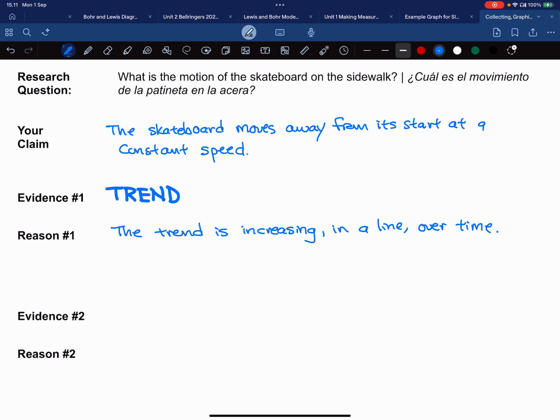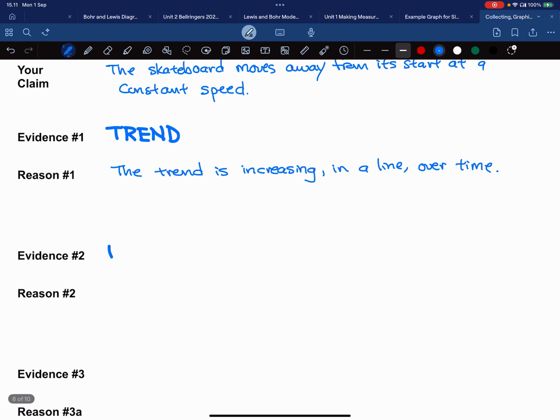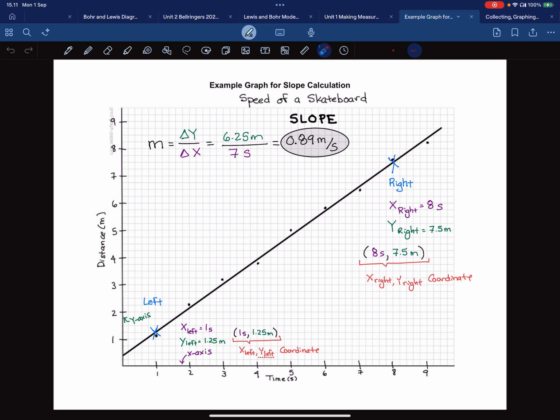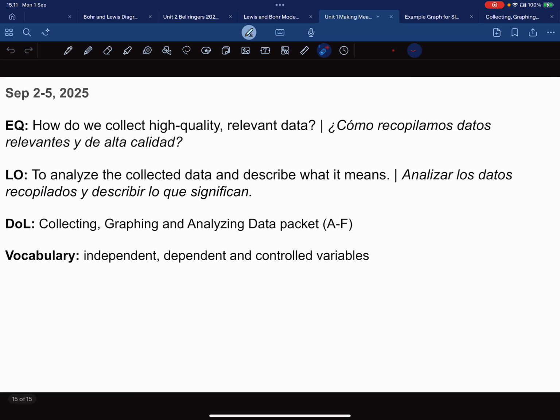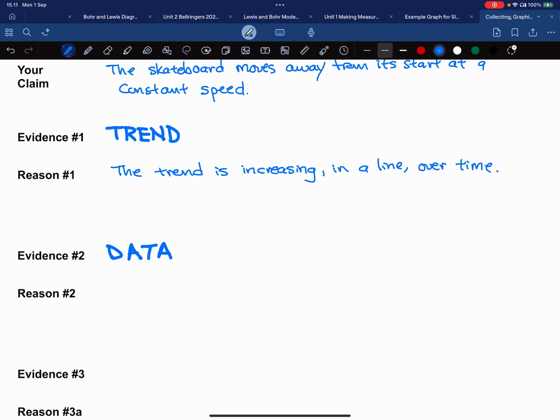Evidence number 2 is always going to be referring to the data. The easiest way to refer to the data is to look at what you used as your slope calculation points. So basically, at 1 second, the skateboard was 1.25 meters away, and at 8 seconds, the skateboard was 7.5 meters away. Actually, we can just use numbers.